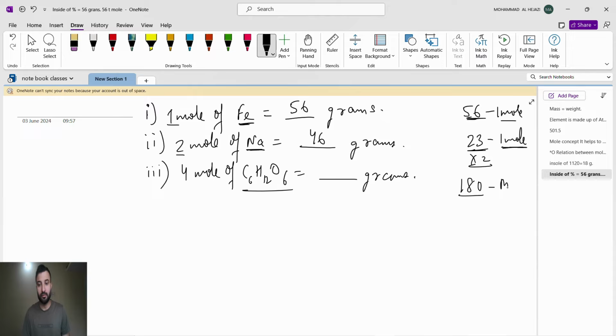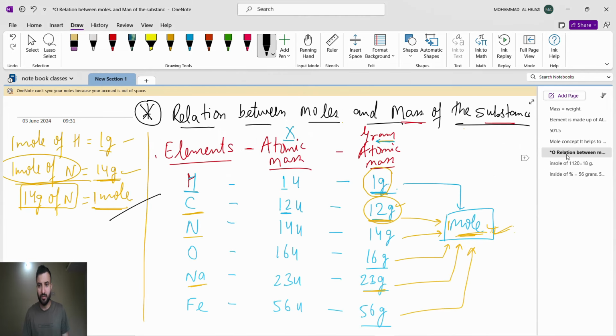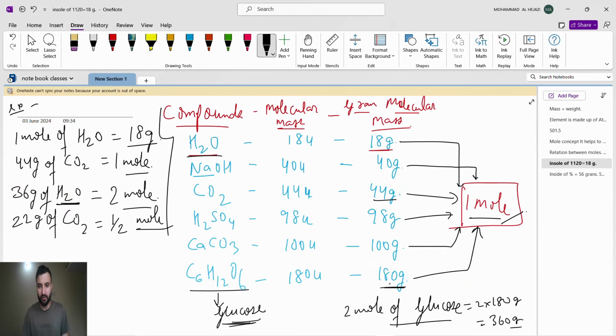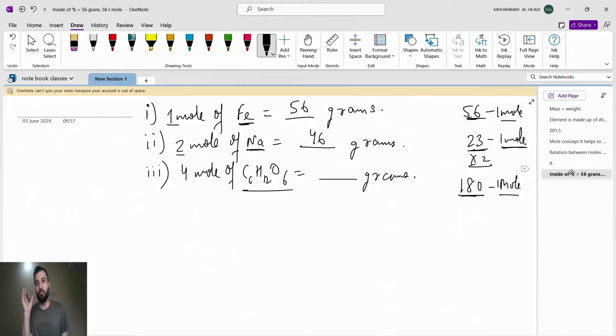Molecular mass of glucose is 180, which means 1 mole of glucose is 180, right? Whatever the molecular mass, that is the 1 mole, or whatever the atomic mass, that is the 1 mole. If you have to find 2 mole, multiply the atomic mass with 2.